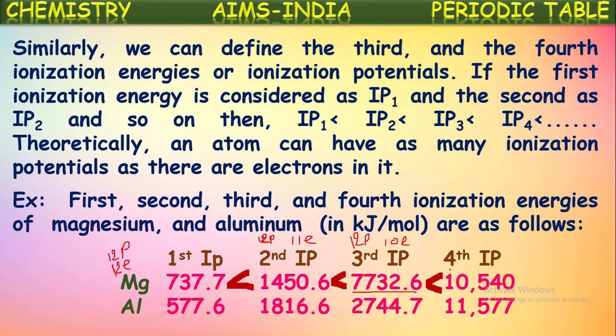In the same way for the fourth electron removal too. That is why the first ionization energy will always be less than the second, which is less than the third, and so on for any element. We can observe it for aluminium also, where it gradually increases.